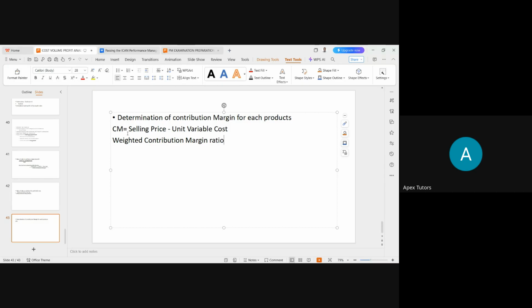Weighted contribution margin ratio. This will be what? It will be weighted contribution margin.